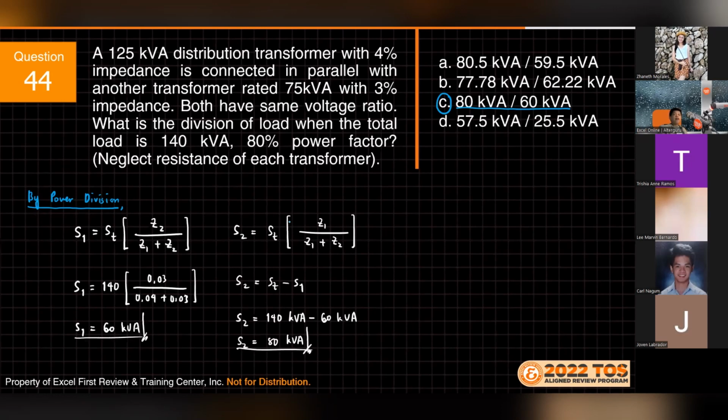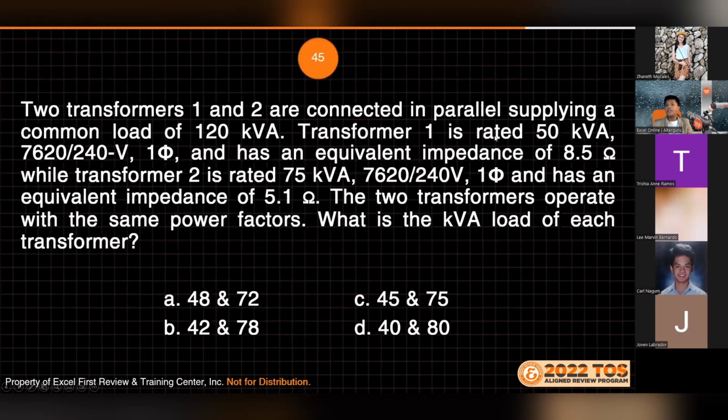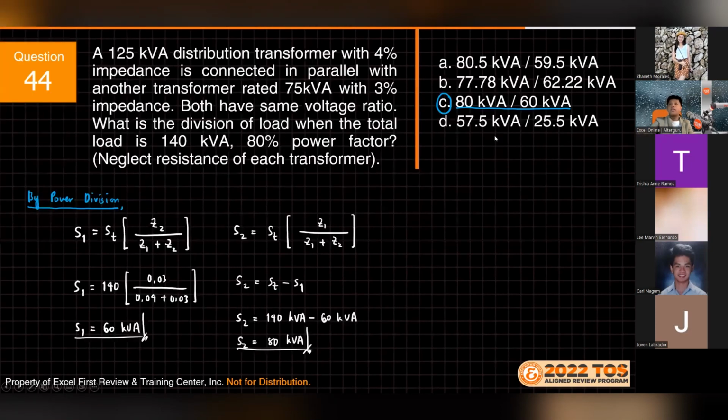What affects the distribution of the load is only their impedance. The rating only lets us know whether a transformer is overloaded or not. That's all. That is what will happen if we connect transformers in parallel.